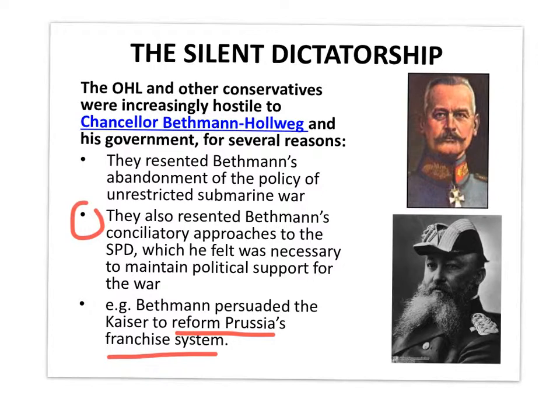Of course, by giving in to what the SPD wanted, by holding out an olive branch, that upset and worried the upper classes. When the war ended, they would lose their power and their status. So increasingly, the OHL, particularly Hindenburg, Ludendorff, and all of the elites are now turning against Bethmann-Hollweg.